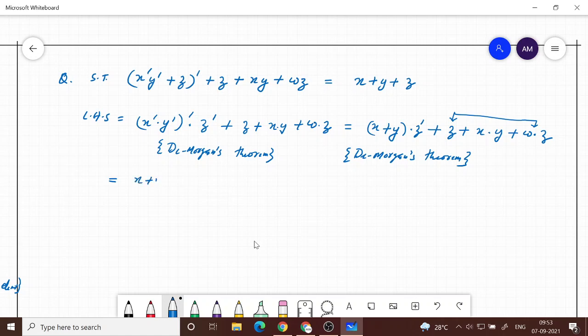So x plus y dot z dash plus x dot y plus z. So z I can write it as z dot 1, and then I can write like 1 plus z. Sorry, 1 plus w.